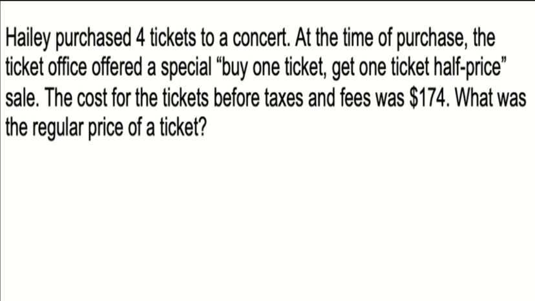All right, so we're going to look at the prices on the ticket, okay? She bought 4 tickets, 1 ticket full price. So, if we go like 100%, 100% as a decimal, we got 1. Then, second ticket, we got 50%, half off, right?